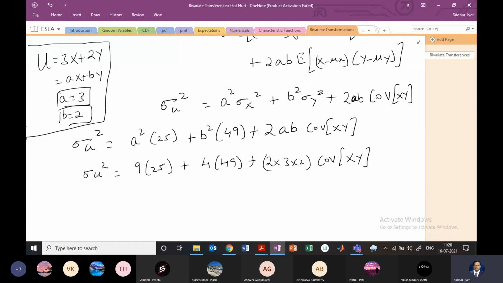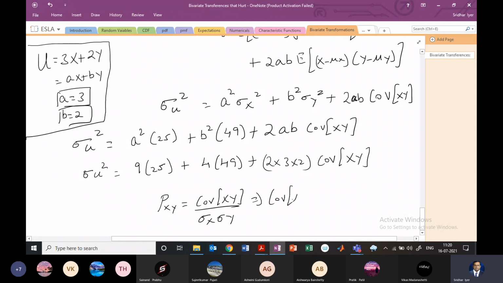That's correct, right? So we know that rho xy is covariance of xy divided by sigma x sigma y. From here I can find covariance of xy, which is rho xy sigma x sigma y, and all these three values are already given to us, right?